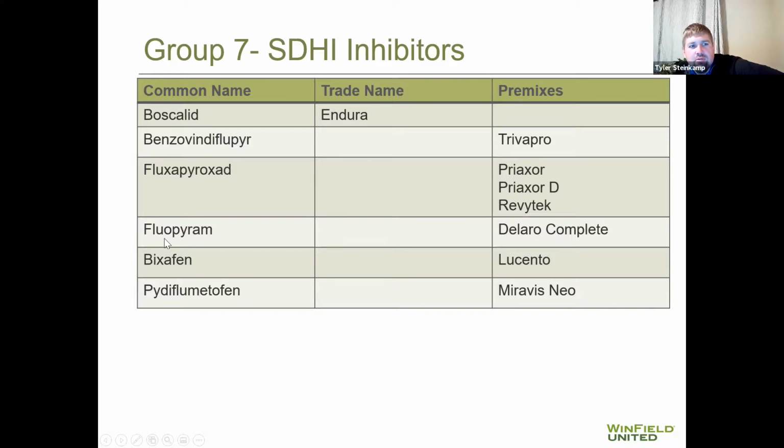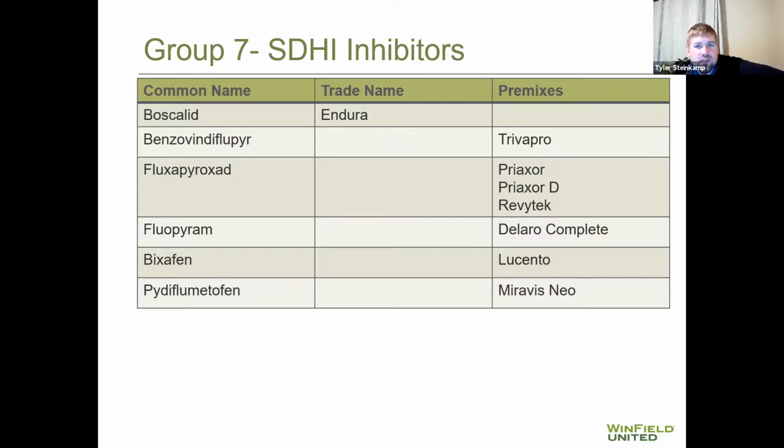So, for example, Fluopyram in Delaro Complete, you'll notice Fluopyram is actually in Velum. Same mode of action, same active ingredient. Okay, same with Solatenol down here in Miravis Neo. Okay, so a lot of this stuff is just recycled.